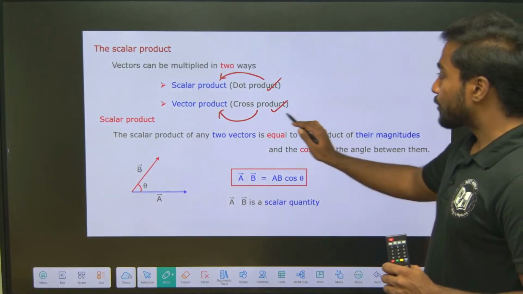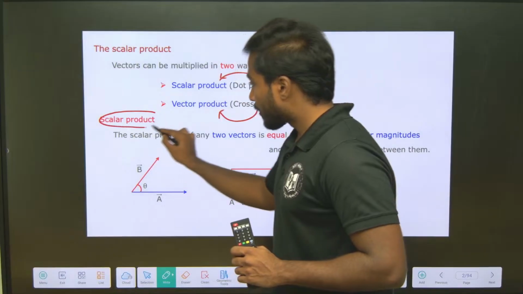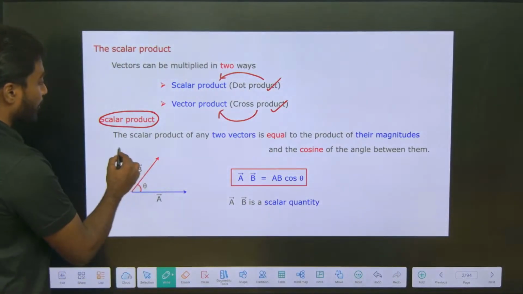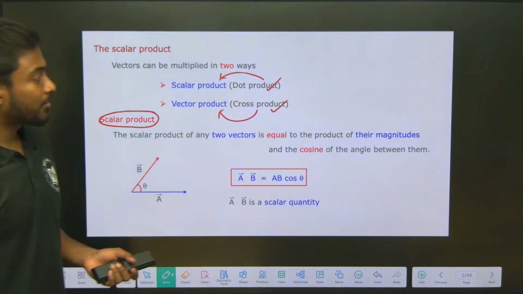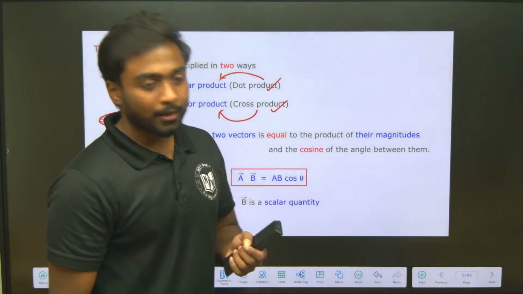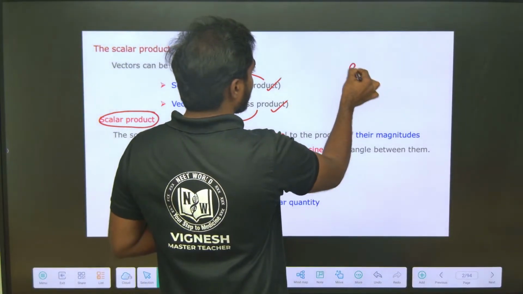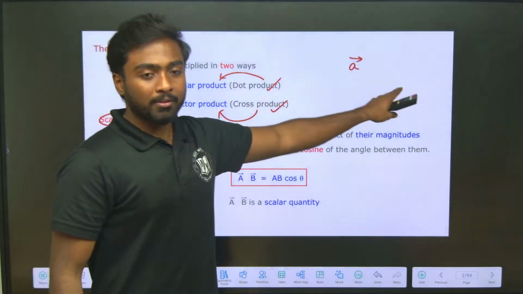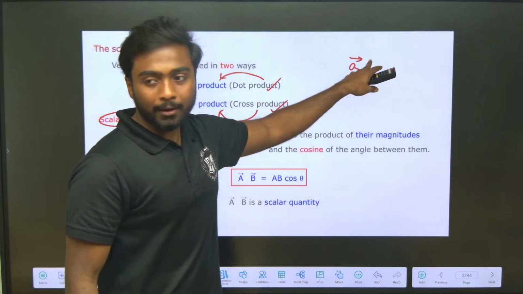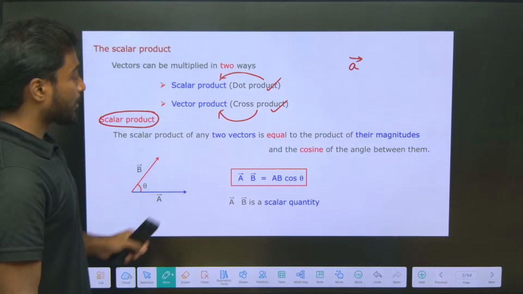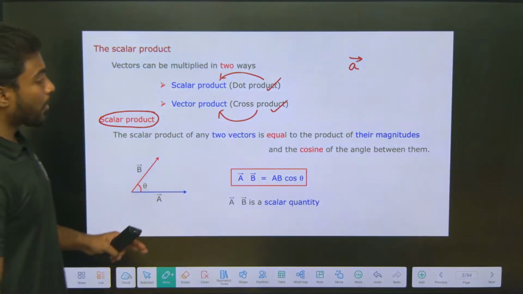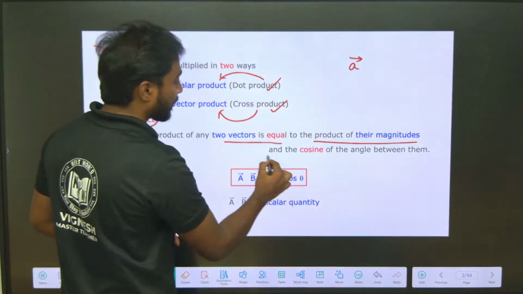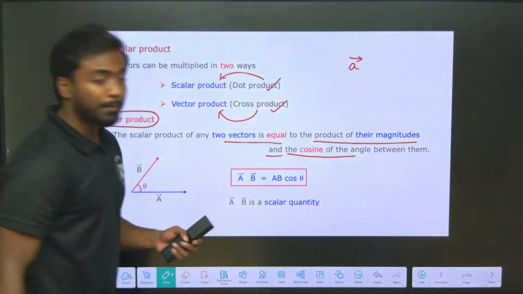First we are going to see what a scalar product is. That's the main important thing we need to discuss in this lesson. The scalar product of any two vectors, a vector denoted by an arrow mark, is equal to the product of their magnitudes and the cosine of the angle between them.